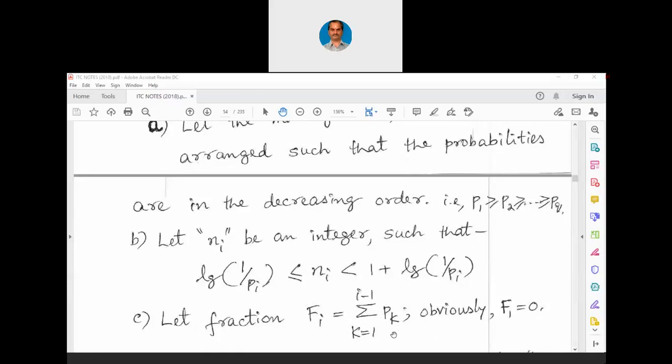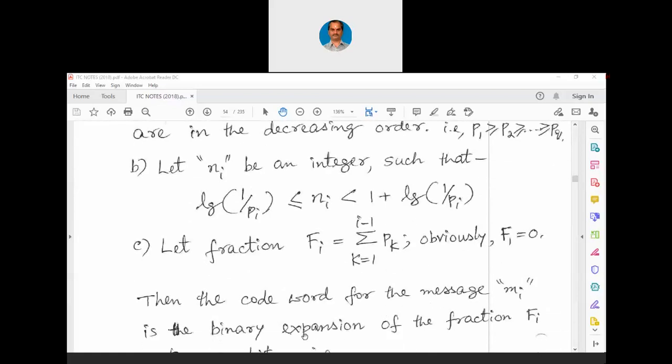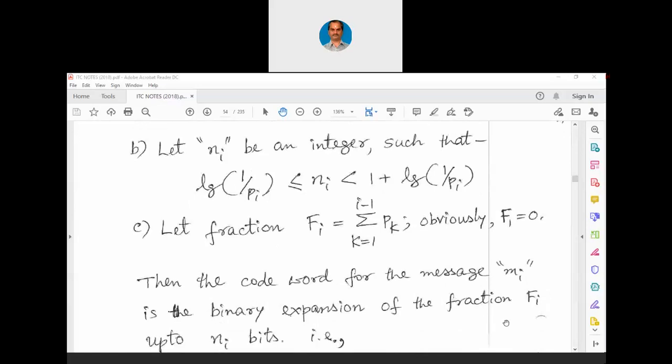We will see later on when we compute this value. Then the code word for the message mi is the binary expansion of the fraction fi up to ni bits. For any given message we can assign a code word which is a binary expansion of the fraction up to ni bits.